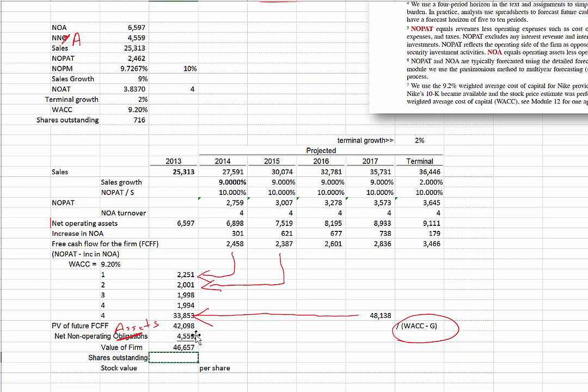The number of shares outstanding, let me go get those right there, 716. And now that didn't work very well. Let me try again. 716. Now let's divide value by number of shares to get the value per share of 65.16.